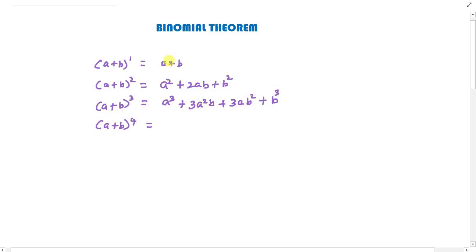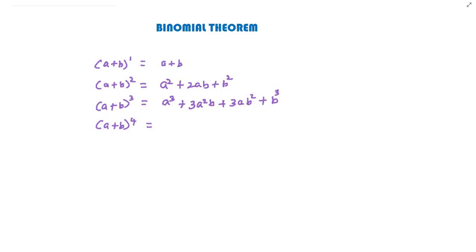Next, let us see the number of terms in each expansion. What is the index of a + b here? 1. And how many terms do we have? a and b, 2 terms. What is the index in (a + b) the whole square? 2. So here the number of terms is a square, 2ab, b square, 3.